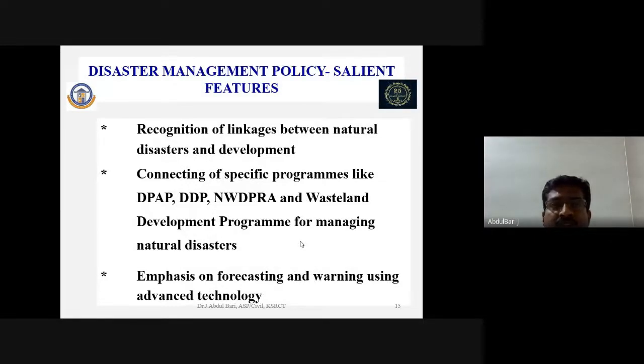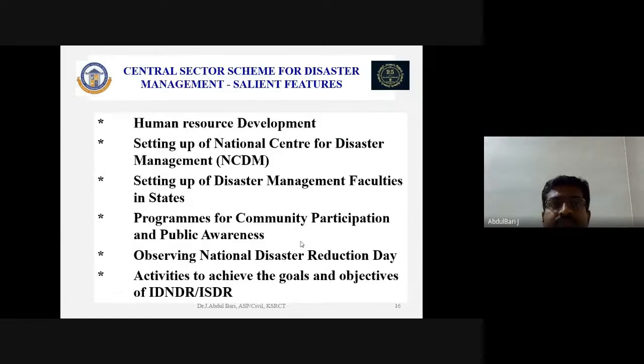The salient features of the disaster management policy involve the recognition of linkages between natural disasters and development, connection of specific programs like DPAP, DDP, NWDPRA and wasteland development programs for managing natural disasters, and emphasis on forecasting and warning using advanced technologies.